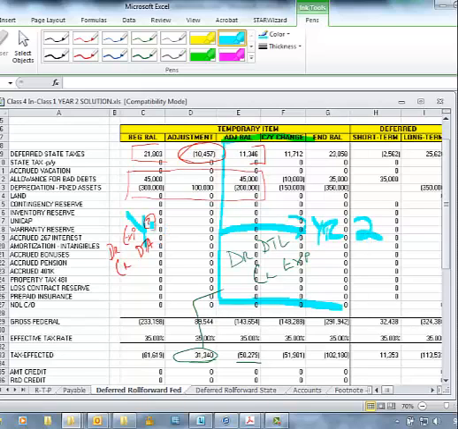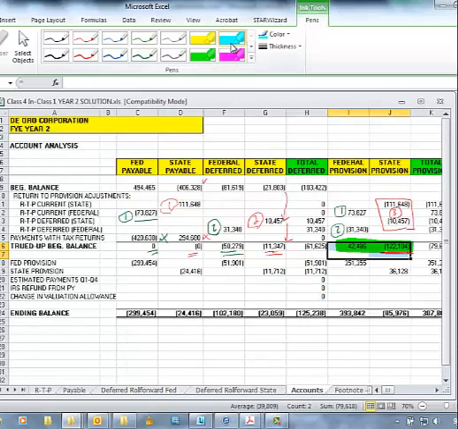This is year 1. We took the beginning balance, we fixed it, now we're on to year 2. Same thing on the accounts tab, right? This is year 1, we fixed it, now we're on to year 2, right? Let's book more entries. Let's get us to the end of year 2.